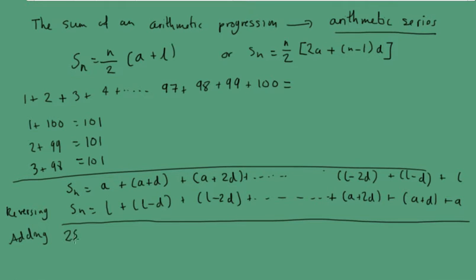So here we'll get 2Sn equals a plus L, plus a plus L, plus a plus L, and so on and so forth, a plus L, a plus L. Because the d's will cancel, so we just have a plus L, a plus L, the 2d minus 2d.